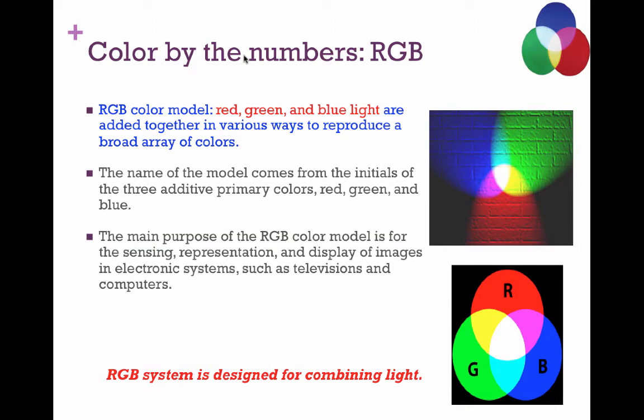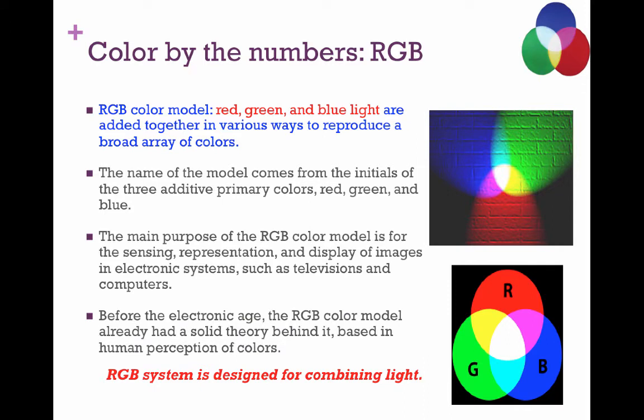The purpose of the RGB color model is to represent or detect or display images in electronic systems, televisions, computers. Computers would be the primary place that you would see it now because of all of our digital imaging and modeling. Many of you are in graphic design or other kinds of environments where you use computers to model color. Therefore, the RGB system is important for you to think about.